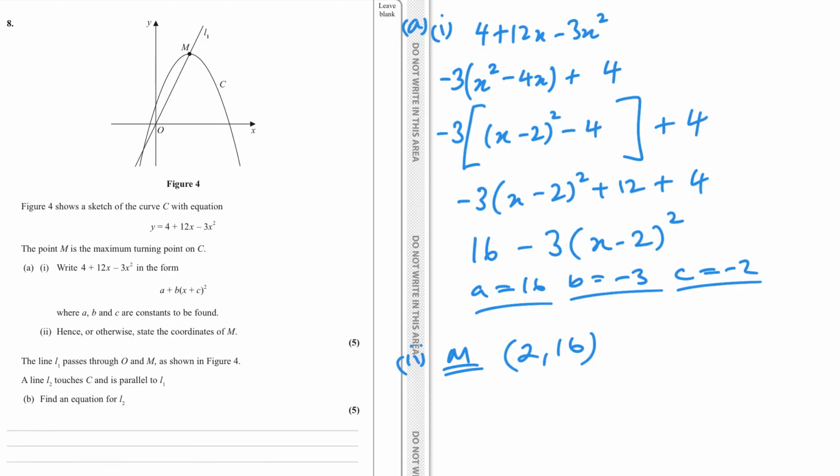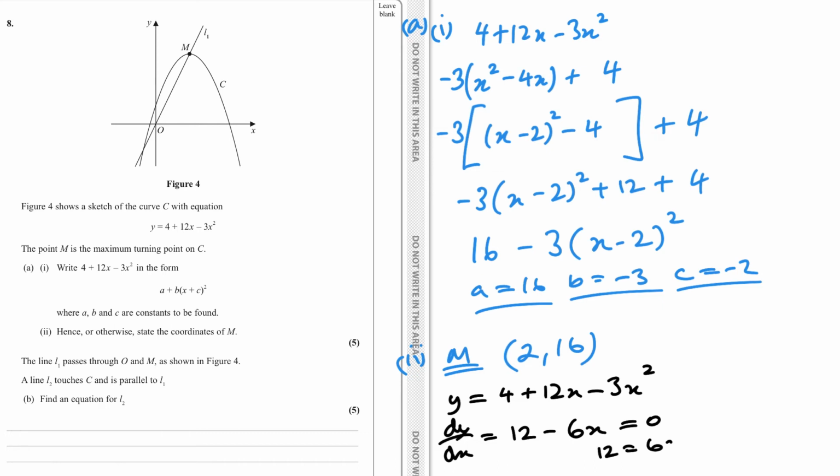Alternatively, I could have differentiated. I'm going to put that underneath, but you wouldn't bother differentiating because you've already had to complete the square. But if for some reason you couldn't complete the square or you messed up, you might have differentiated this and made it equal to 0. And once you get your x equals 2, you just substitute that back into the y.